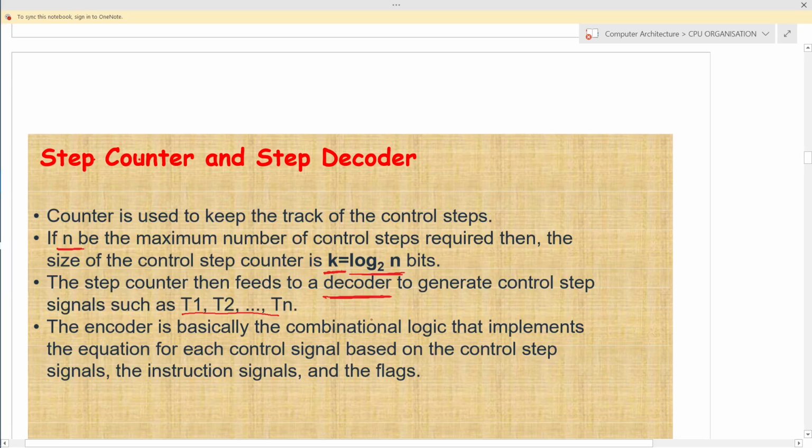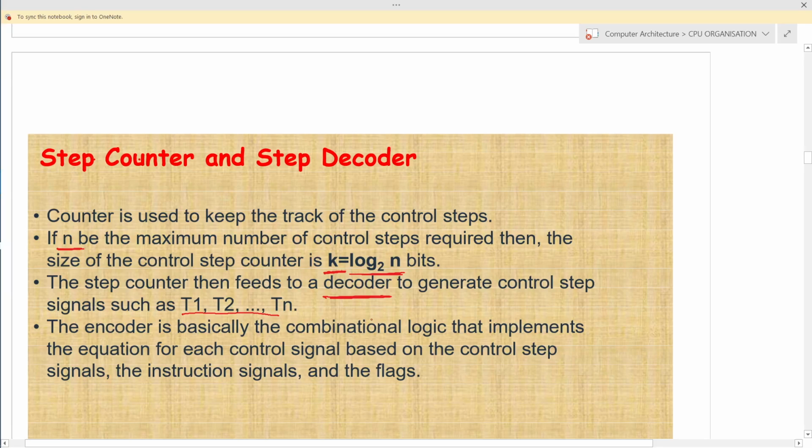Run is used when we have to increase the counter, and end is there when the control reaches the maximum timing unit and we have to end. I will come to these two signals later.